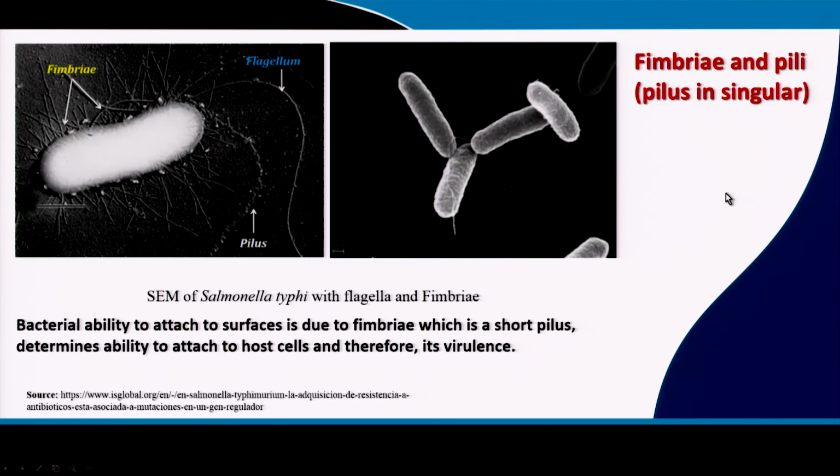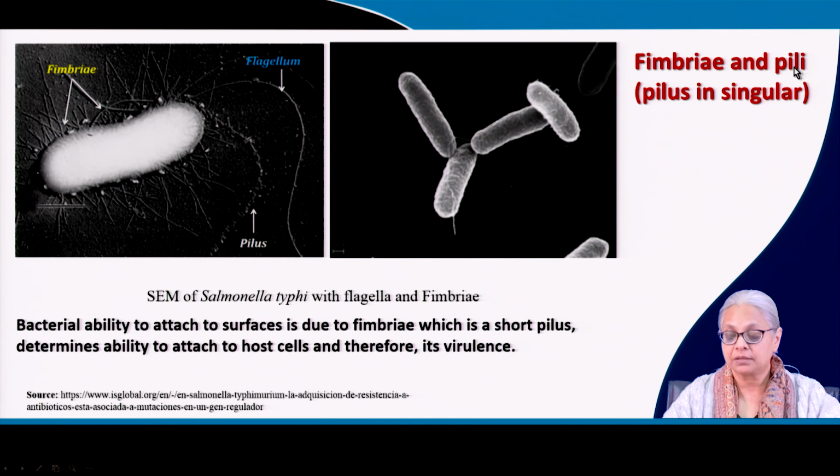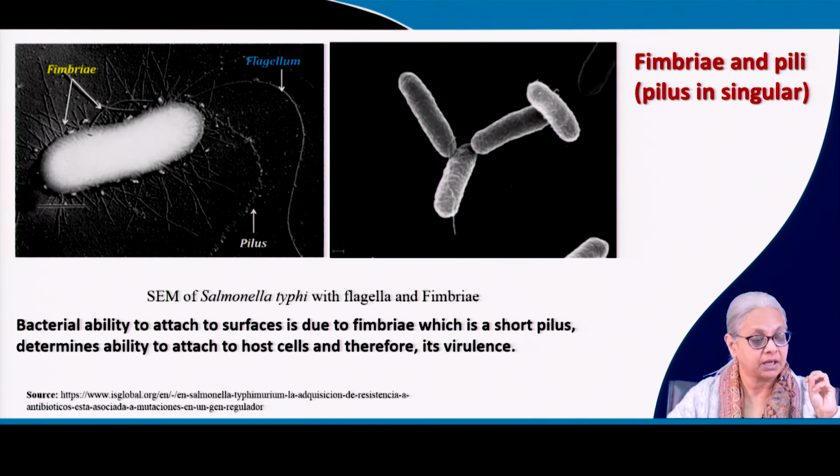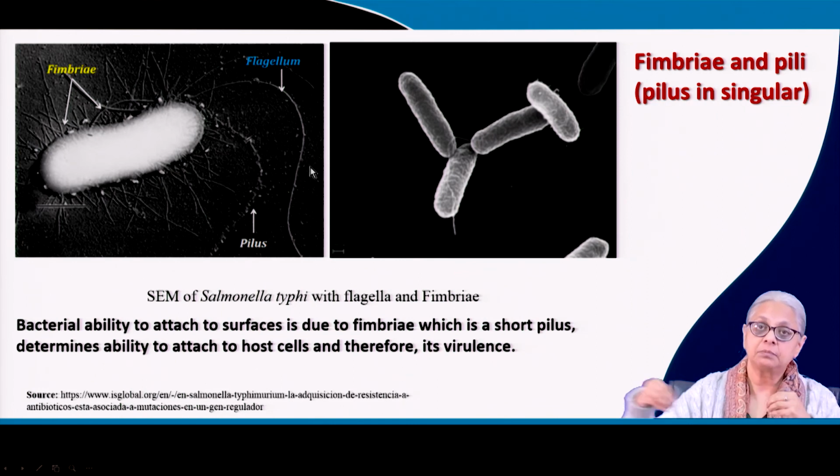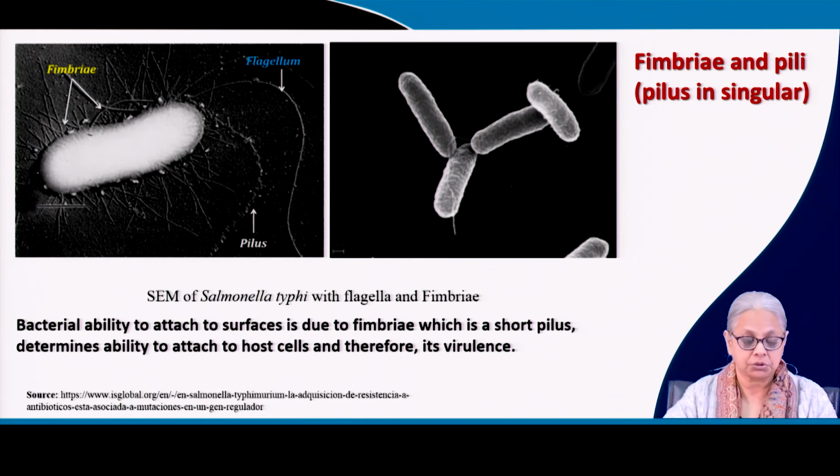So these are some SEMs, scanning electron micrographs of fimbriae as well as pili, and these fimbriae are used for the bacteria to attach themselves to surfaces. You can see these fimbriae, they are also hairy appendages that allow the bacteria to attach to surfaces. And then the flagella are extremely long tail-like structures, and they are the ones that allow the bacteria to move within water.